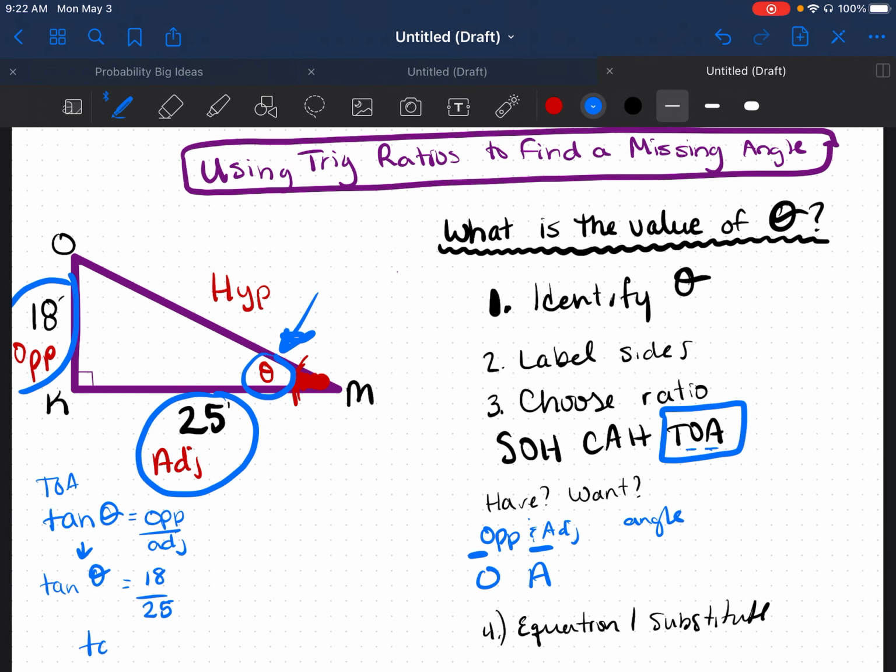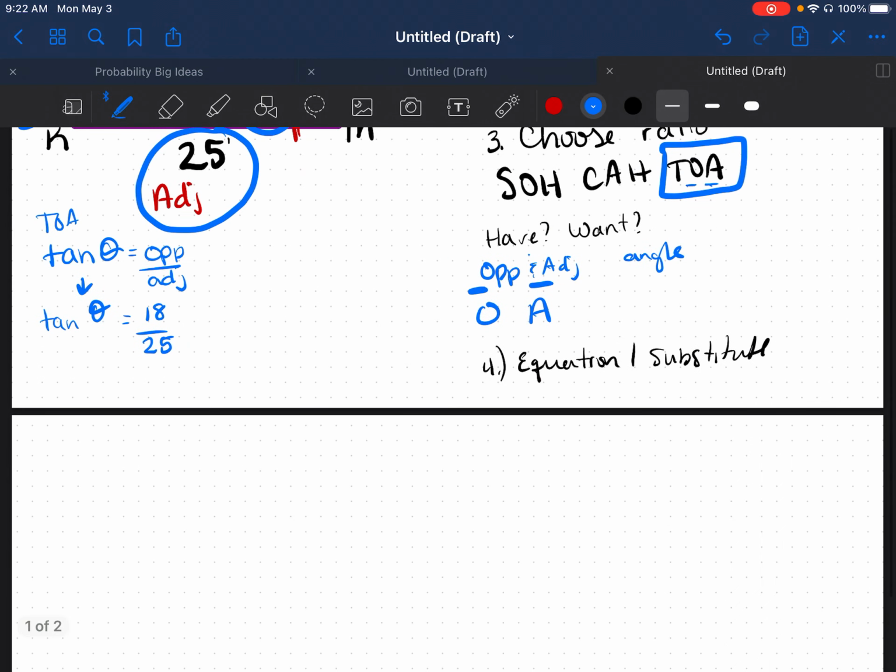And what that looks like is a tan with kind of an exponent of -1. It's not really an exponent, it just means inverse. So tan to inverse tan, this is just the opposite.